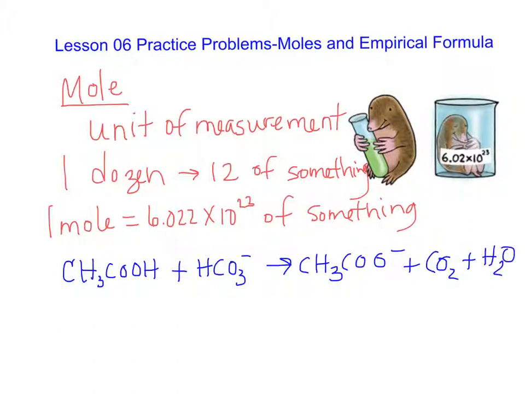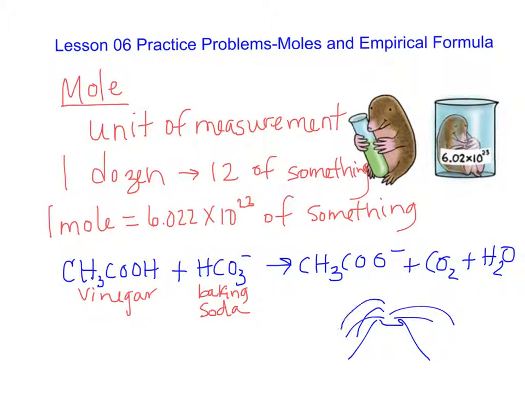So we'll put under here that this is vinegar. This is our baking soda. This is essentially the reaction that takes place when you make your volcano. You probably did it in a science fair project when you were younger.